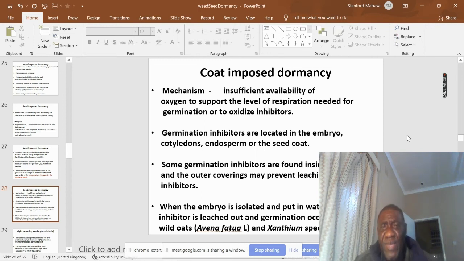Thus, assuming the seed dormancy status. Now, when the embryo is isolated and put in water, the inhibitor is leached out and the germination occurs. For example, in wild oat, Avena fatua, and also Xanthium species.